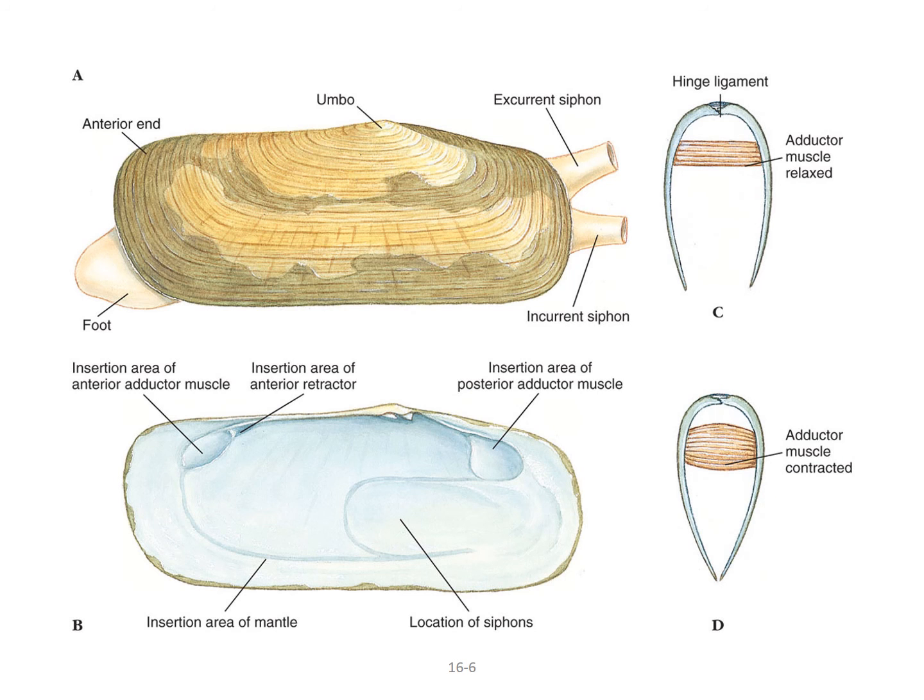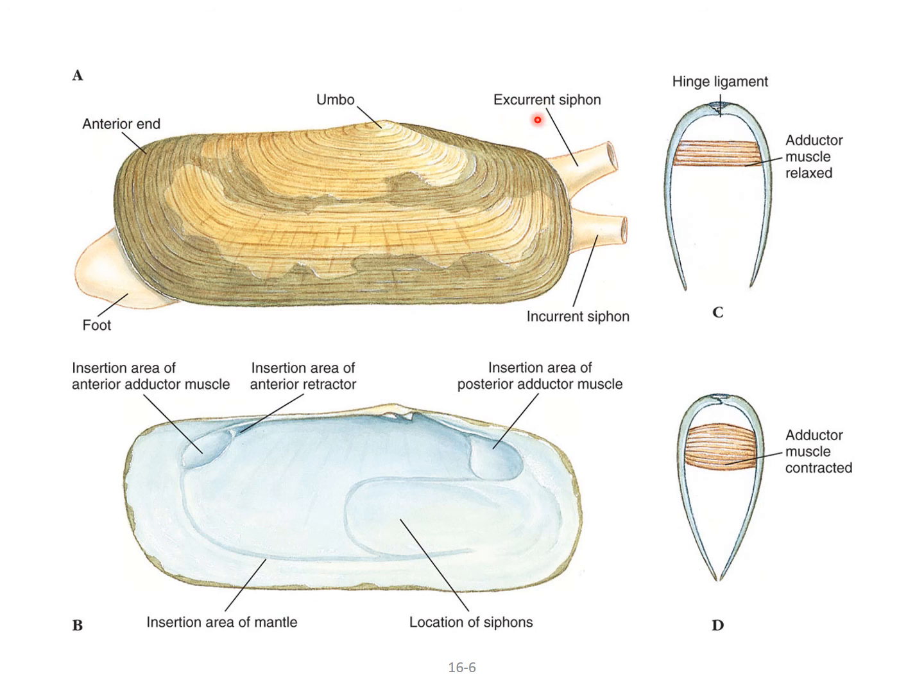So this is another diagram looking at some of the features of a bivalve. And so we can see on the outside of one of the valves, this is the umbo, the oldest part of the shell. There's the foot, and the foot usually sticks out of the valves at the anterior end.